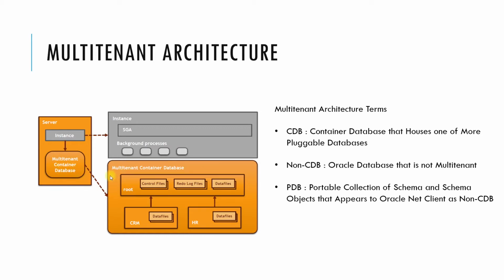In a multi-tenant container database, there is only one root in one container. It is also called root. The root contains Oracle supplied metadata, the data dictionary of the system objects, and the source code of Oracle supplied PL/SQL packages. The root has data files which all traditional databases had before, like system, sysaux, undo, and temp.